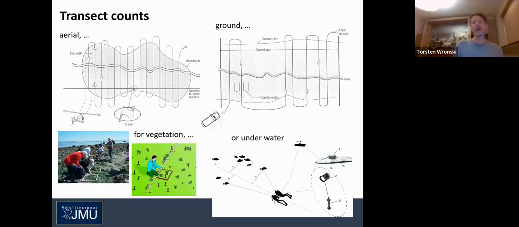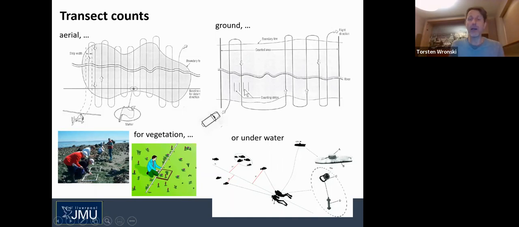Now let's have a look at transect counts, the most famous and most used method of counting wildlife. They can be aerial, ground counts, for vegetation, or even underwater. Important is that straight lines are established in parallel orientation to each other, and to each side of the counting line we will have a counting strip.